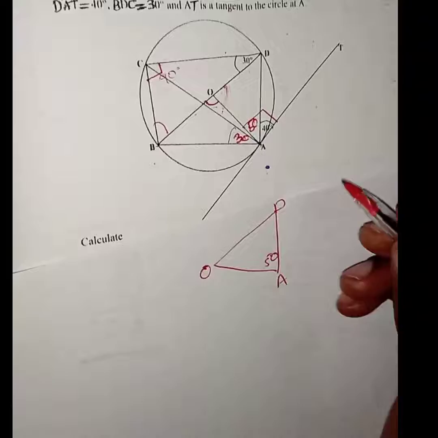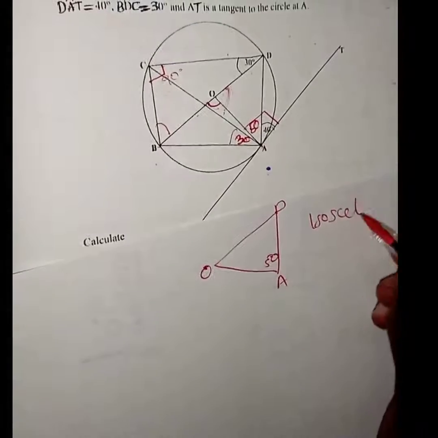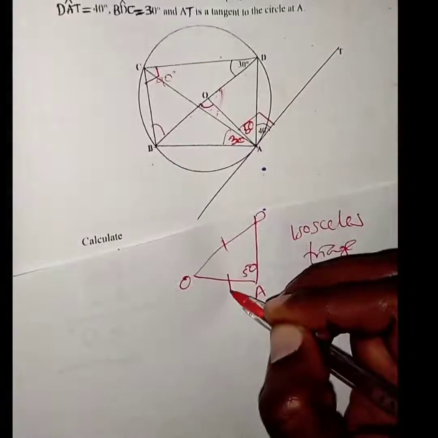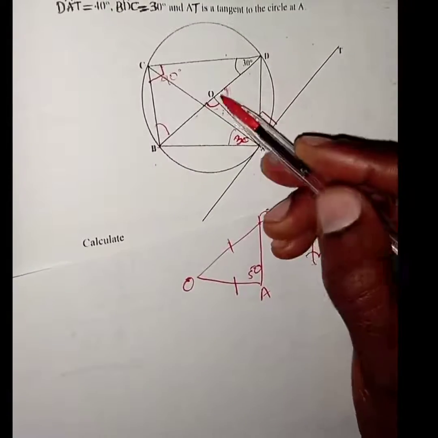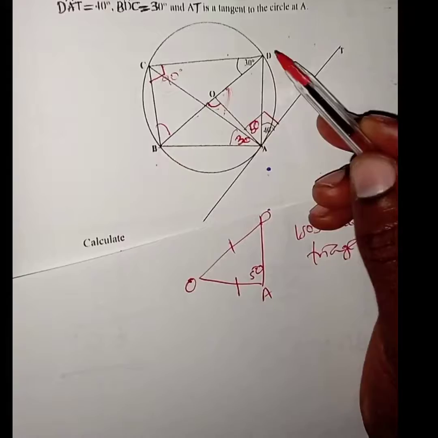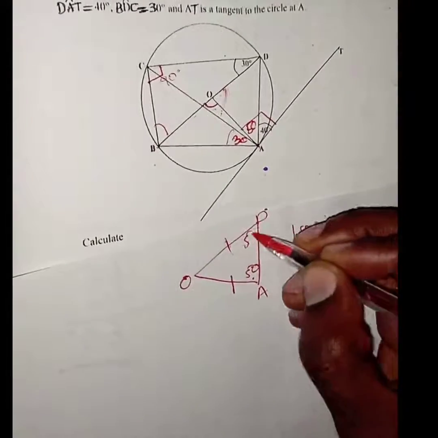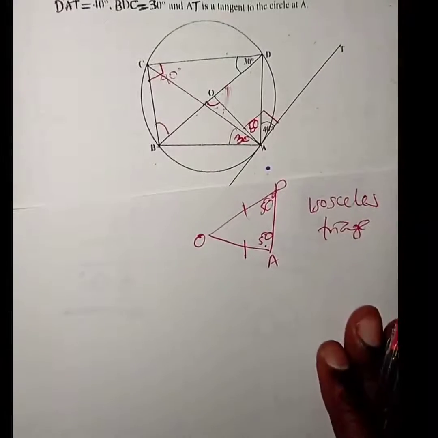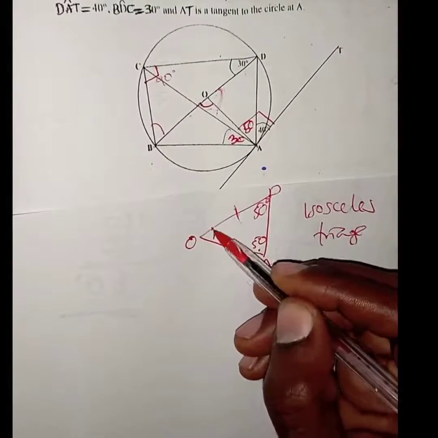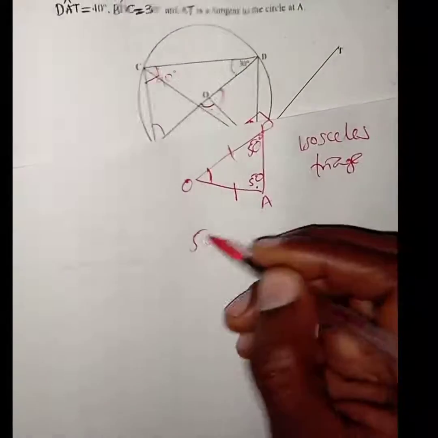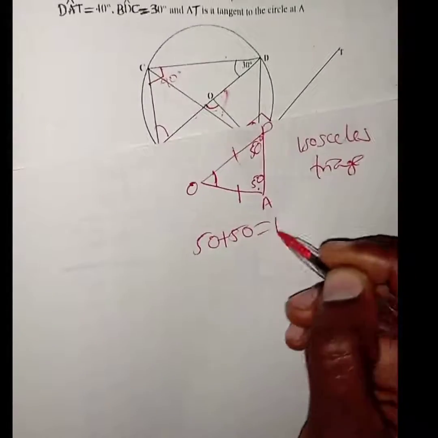In an isosceles triangle, these are the same, meaning OD and OA are the same. Yes, they are all radii. So if here is 50, even here is 50 degrees, right? To find the angle here, you add 50 plus 50, which is 100.